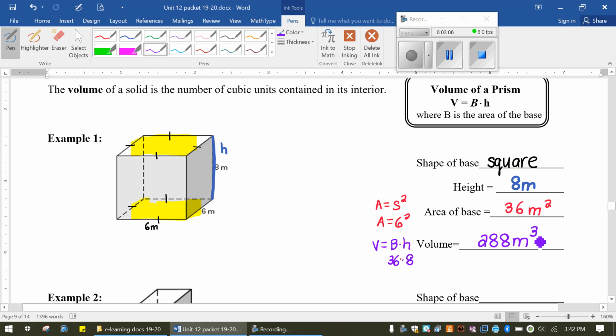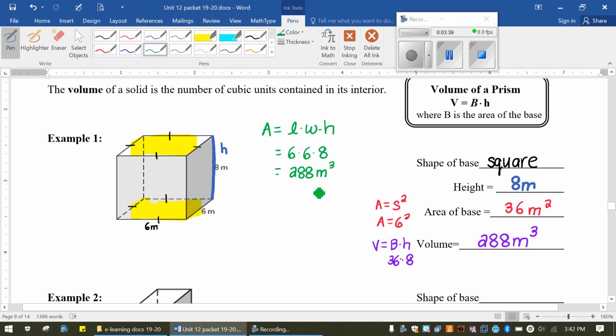You may have seen this formula before for the volume of a cube, so this might look familiar: length times width times height. Your length here is 6, your width is 6, and your height is 8. So you could also do 6 times 6 times 8 and get the exact same answer of 288 meters cubed.